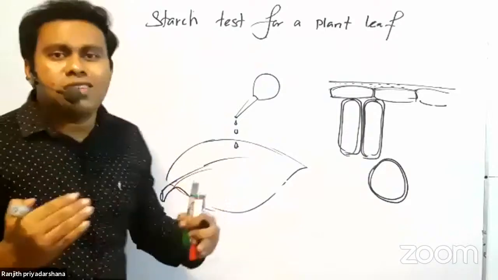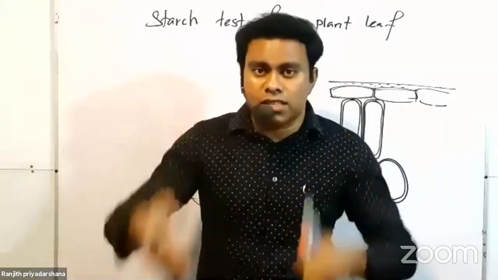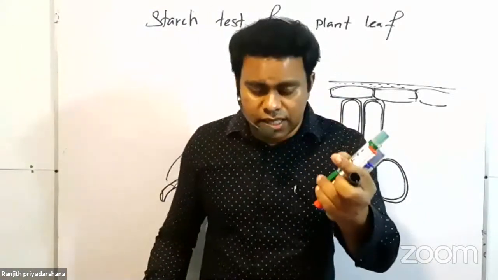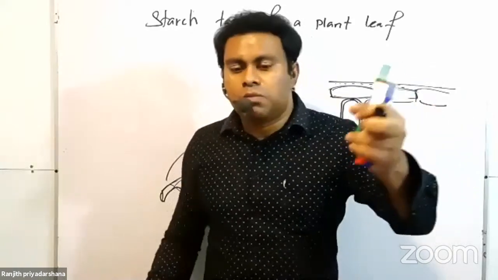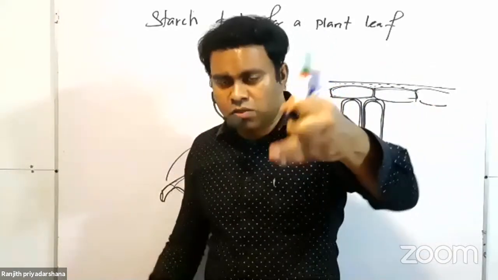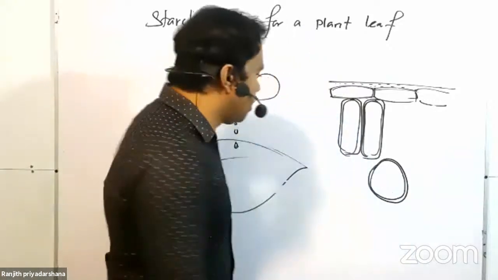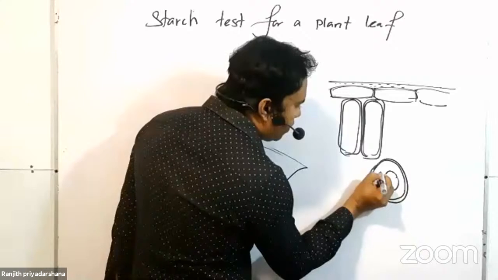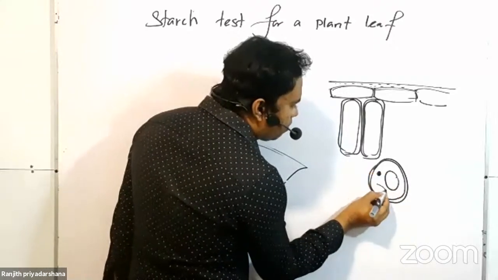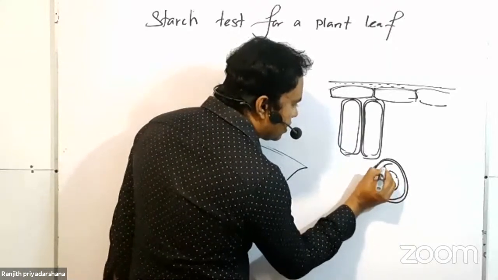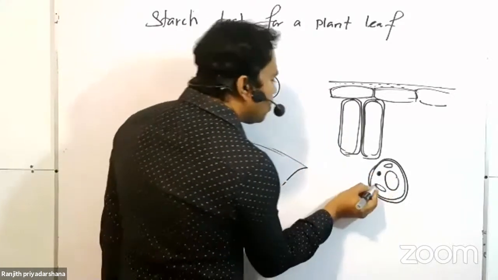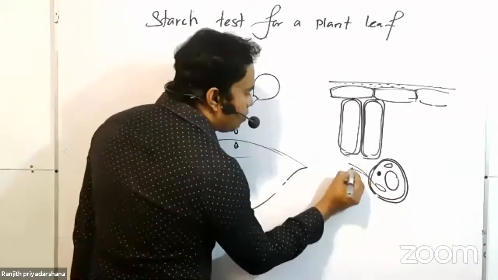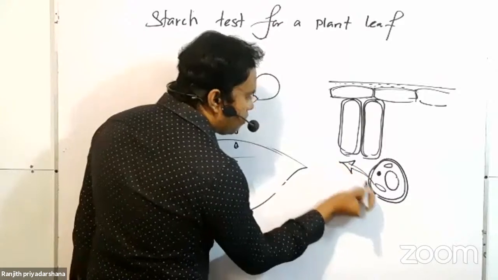Son, where do these starch granules exist in a plant cell? In the chloroplast. Okay, look at this. So this is the vacuole, this is the nucleus. Chloroplast can be seen like this. I'll draw that somewhat magnified.